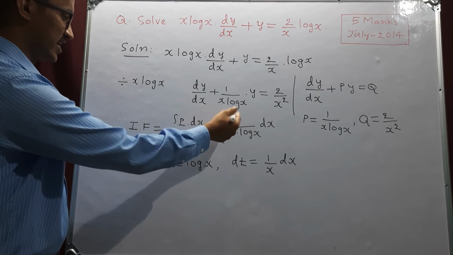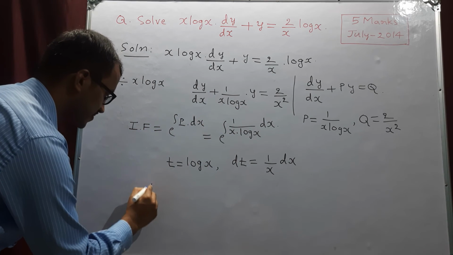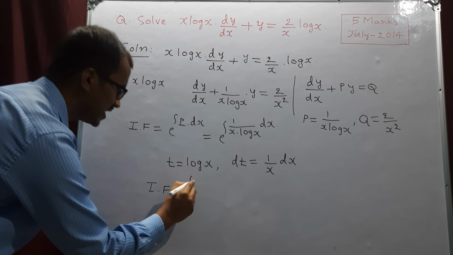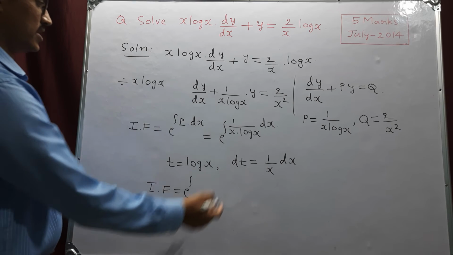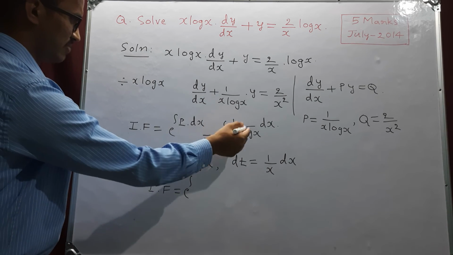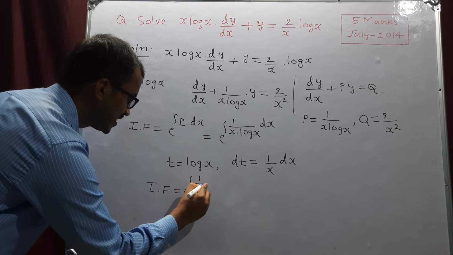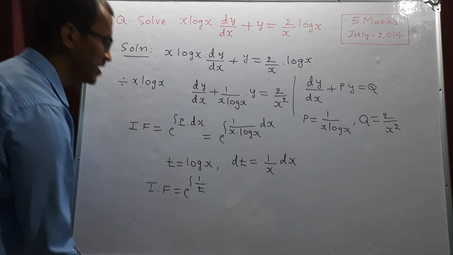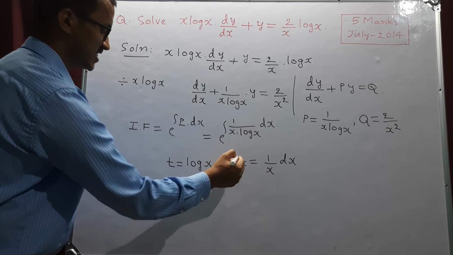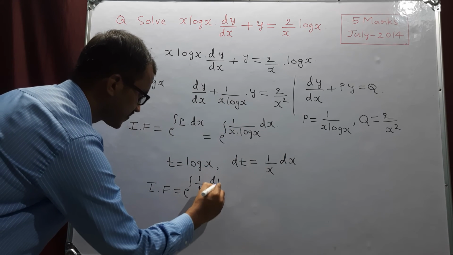So the integrating factor becomes e power integration of 1 by log x into 1 by x dx. Log x is nothing but t, so 1 by log x becomes 1 by t, and 1 by x dx is nothing but dt.